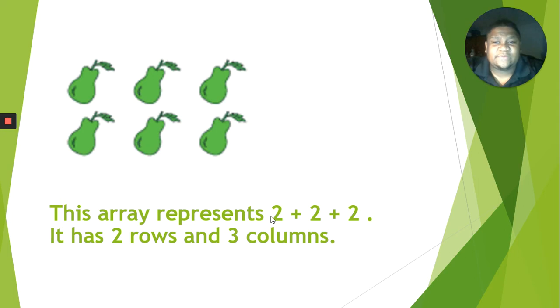Let's look at this one. This array represents 2 plus 2 plus 2. It has 3 rows and 2 columns. Let's look at the rows. 1, 2, 3. Columns. 1, 2.